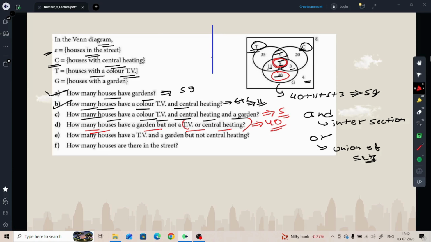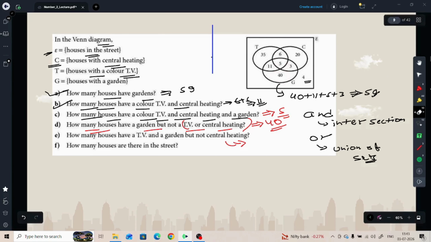Okay, next one is how many houses have a TV and a garden but not central heating? Okay, so that's the question. Let me erase a little bit so that the things are much clearer to us. So how many houses have a TV and a garden but not central heating?